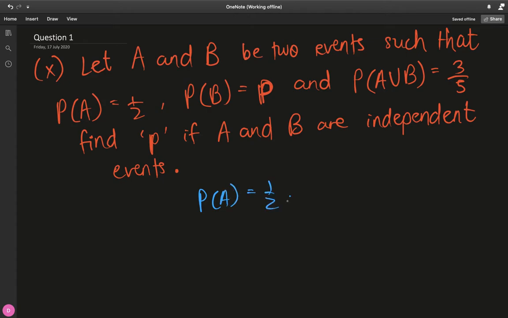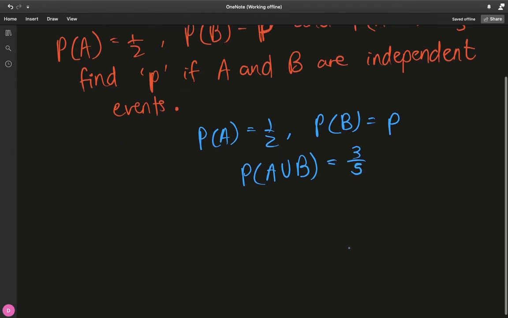Okay, so let's look at the given stuff. Probability of A is half, probability of B is small p, and probability of A union B is 3 over 5.